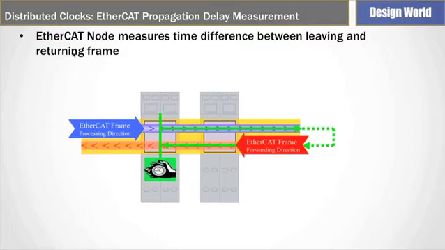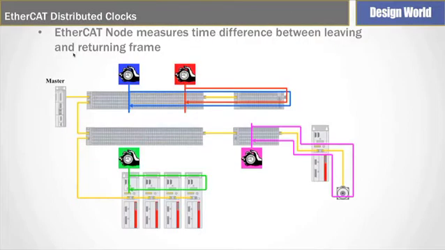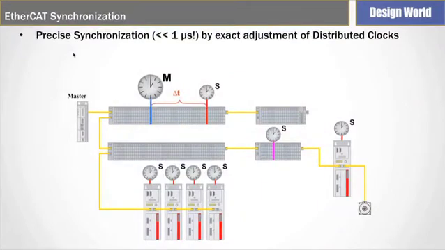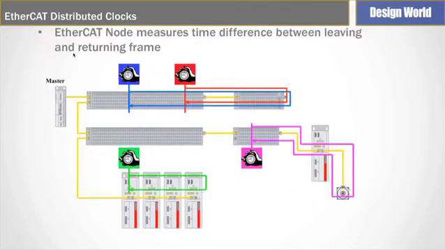It reports this back to the master, who knows what the topology looks like and can tabulate all of these delta t's along with the topology to calculate the propagation delay between any two slaves which have the distributed clock feature enabled.